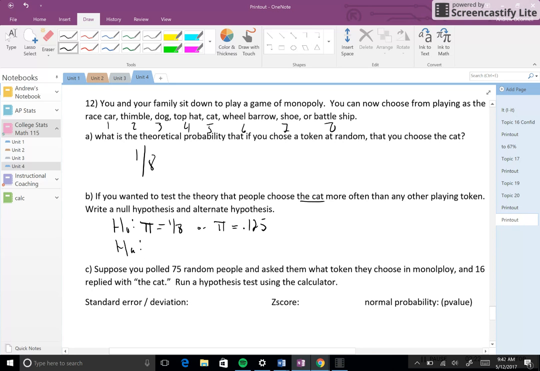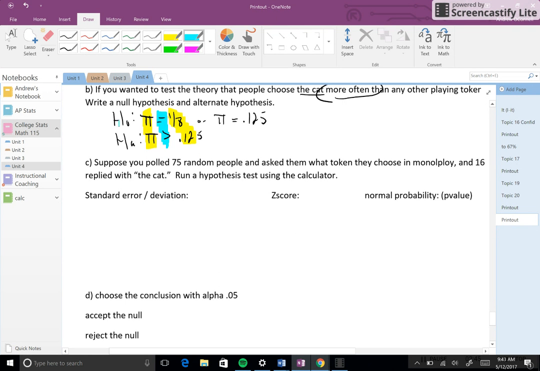The alternative hypothesis is that people choose the cat more often. Variable stays the same, the number stays the same, but we're challenging that it's more than. So number is the same, variable is the same, sign is different. And the null hypothesis will always start with an equal to.